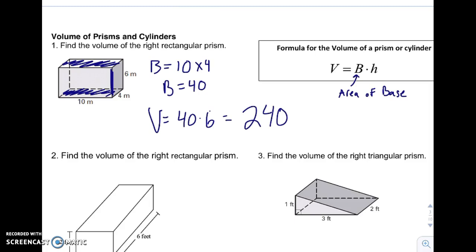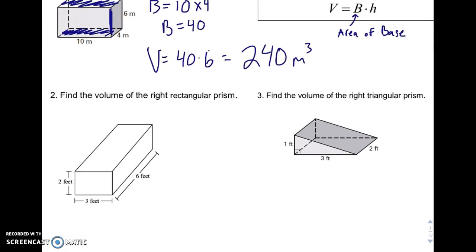And since we are in meters, it is cubic meters. I'll leave you to try number 2. It has a very similar method here. You can consider your base to be this bottom part, 3 by 6.